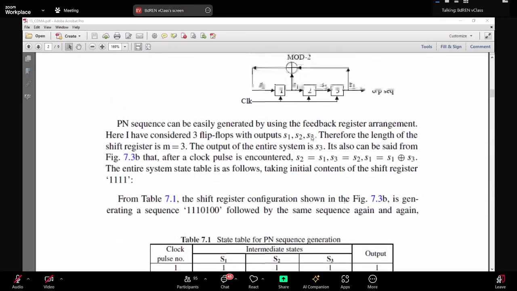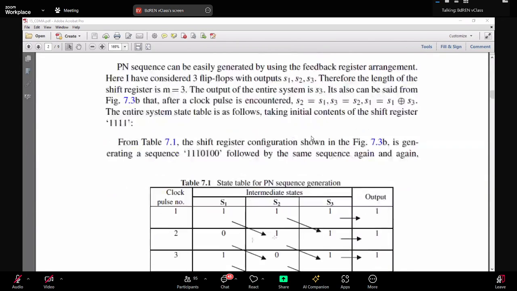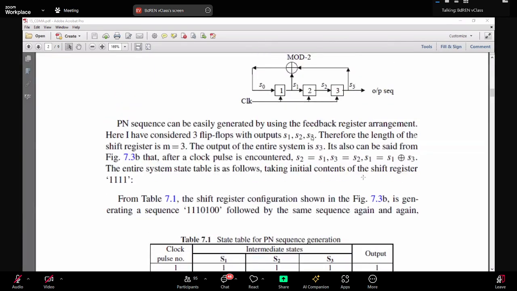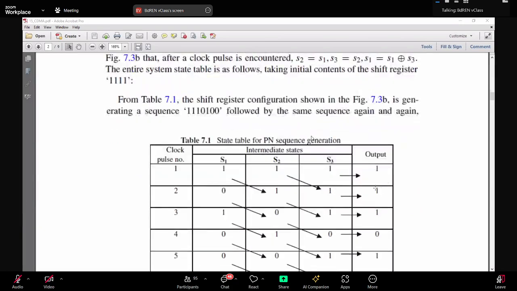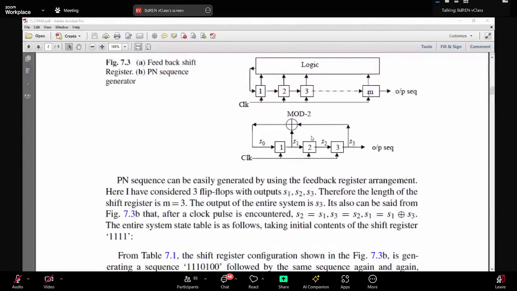Now let's assume that initially you had all ones, the initial state. So in the first clock pulse, S1 becomes S2, S2 becomes S3, and S3 is what you get as the output. The output is shown as the output of S3.